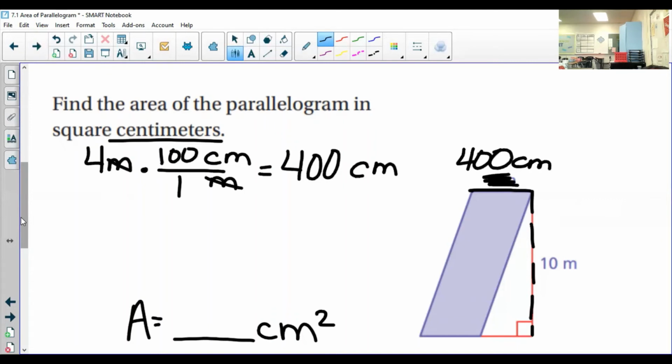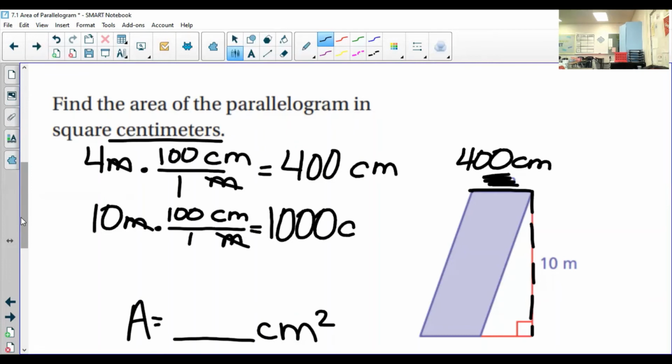Now we have to do the same thing with 10. 10 meters times centimeters over meters. All right, we know the conversion is 1 to 100. And then we just cancel out the meters. And our answer is 10 times 100. That is 1,000 centimeters. So I'm going to cross this off. Now I have 1,000 centimeters.